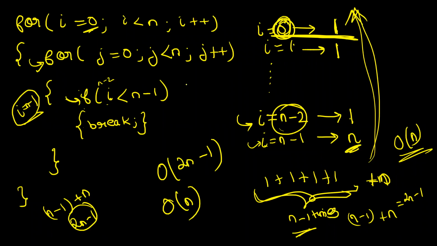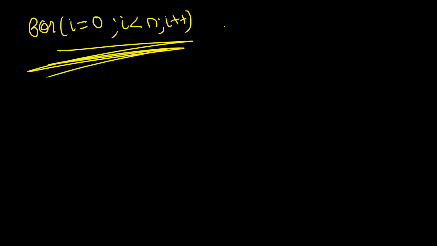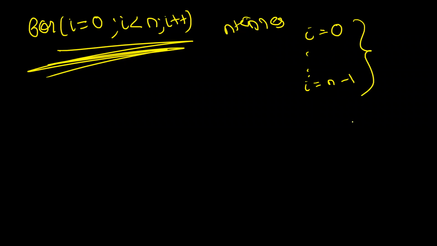One thing, guys, I see time and again people have this confusion, many people keep saying that this loop runs for n minus 1 times. No, this loop runs for n times. i will take values from 0 till n minus 1, and for every value of i, the loop is running. So how many different values are there? n different values. From 0 till n minus 1, there are n different values.